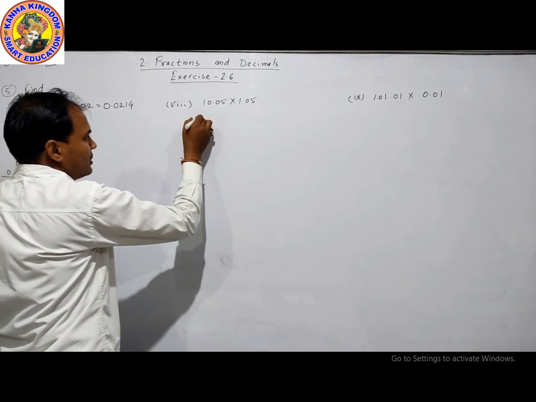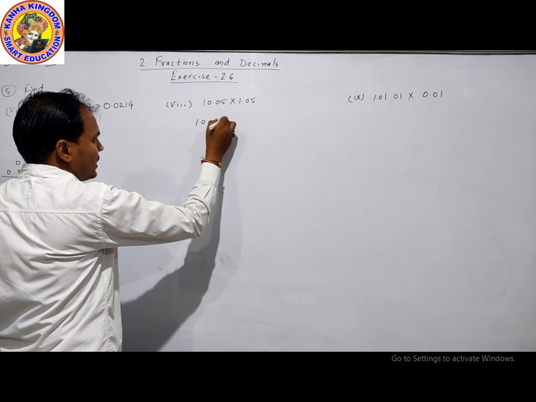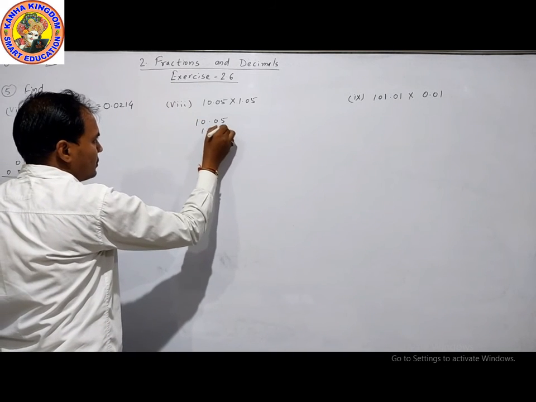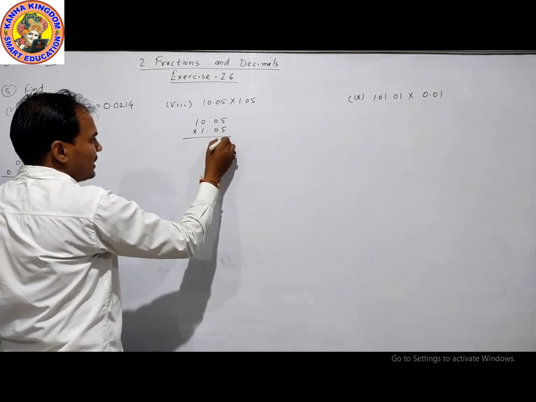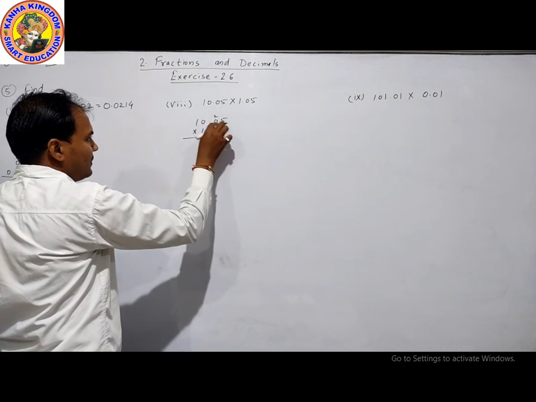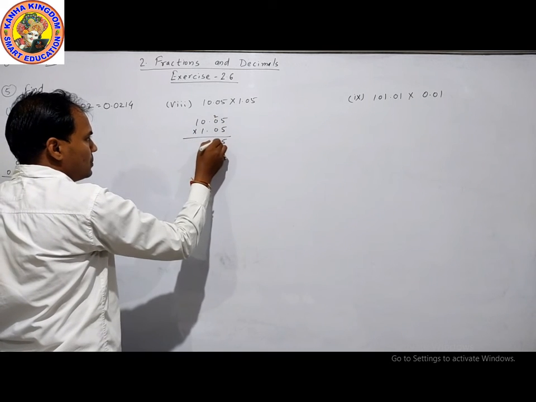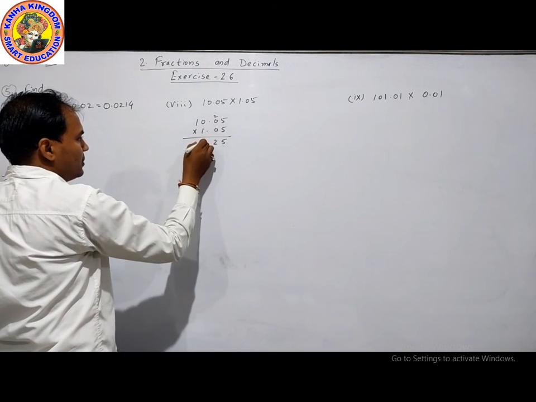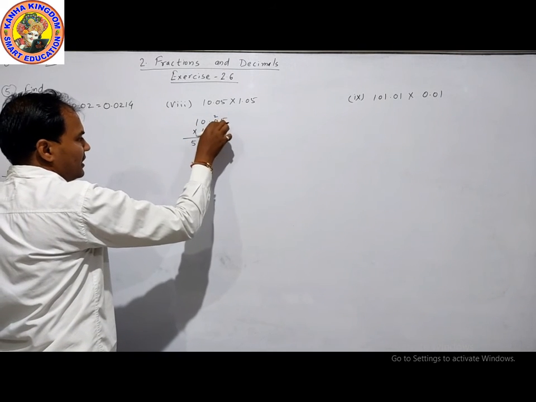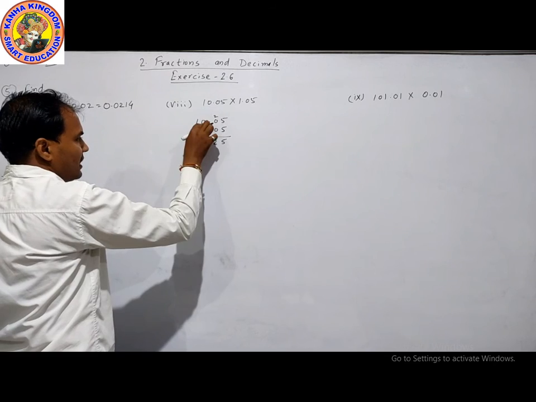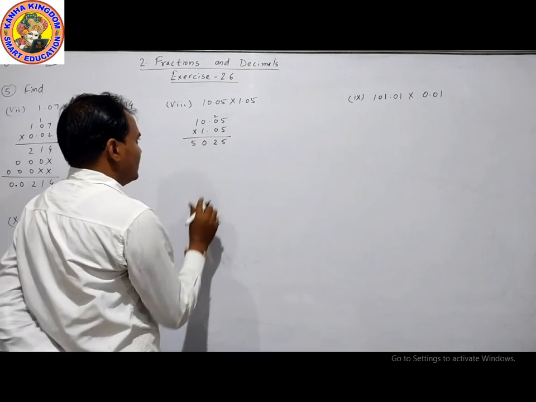Next is 1.05 multiply 0.5. 5 into 5 is 25. 5 into 0 is 0, plus 2 is 2. 5 into 1 is 5.